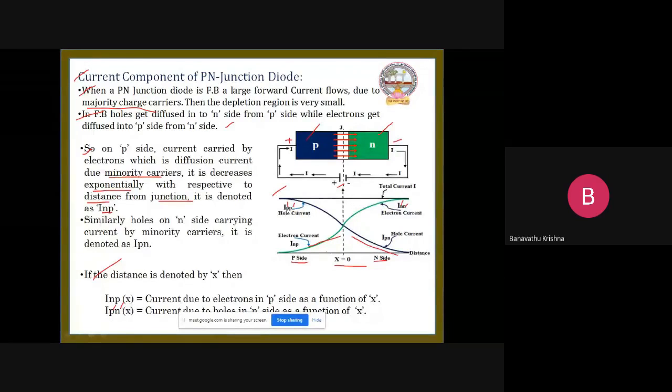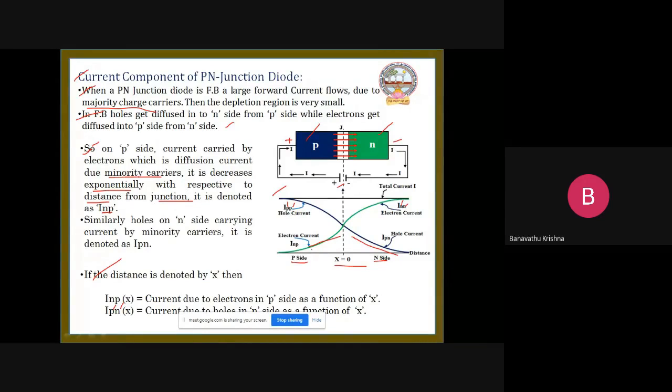So here, as the distance increases, let us see this point. On the p side, the current carried by electrons, which is diffusion current due to minority carriers, decreases exponentially like this, with respect to the distance from the junction.